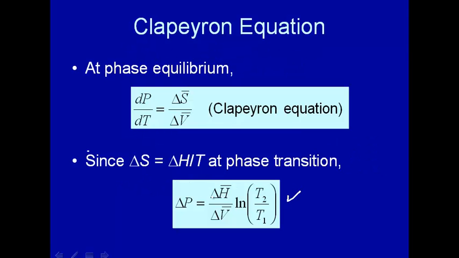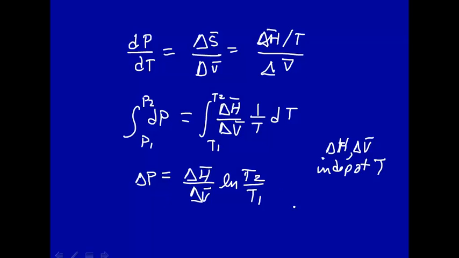So if you want to know how the pressure changes, this delta P is how the pressure changes. Let's go back to the phase diagram. So here's temperature and pressure, and here's some line in there.